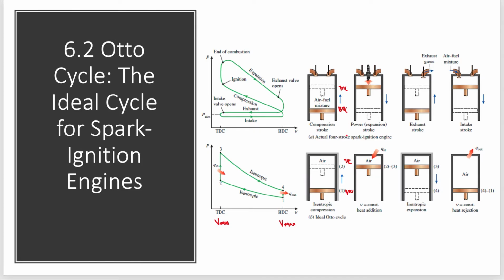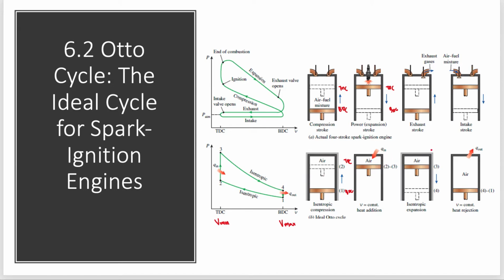Next we go to state 3 to 4, which means the piston moves from TDC to BDC, from V minimum to V maximum.